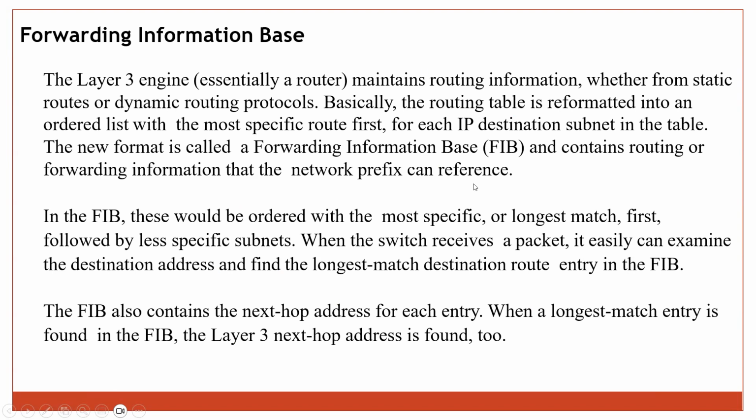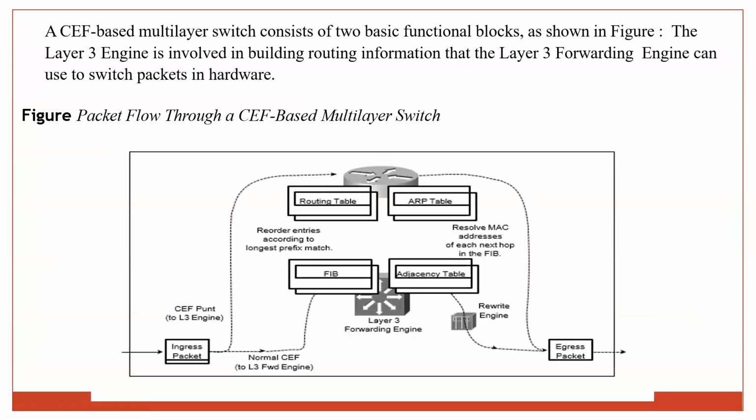This is something you can see. The new format is called FIB and contains the forwarding information, something like how you will go to the next hop. The routing table is a generic term. There it will tell you that I have information to reach this network, this network, this network.